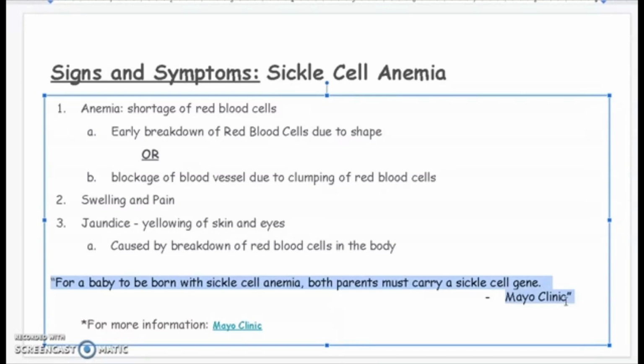And so, both parents can be perfectly healthy, but there's still a chance that a baby can be born with it, which is why a Punnett square is very important, because we cannot control what genes we pass on. And so a Punnett square helps us to figure out the odds and chances of the baby inheriting any disorders that might run through the family.